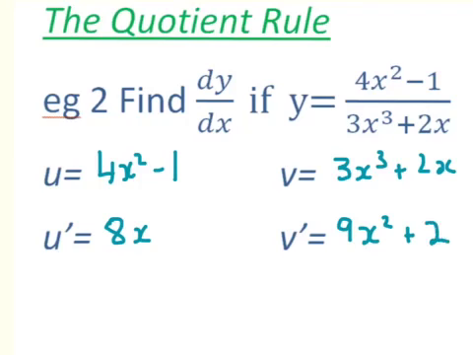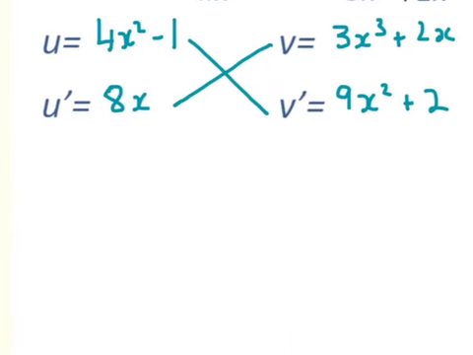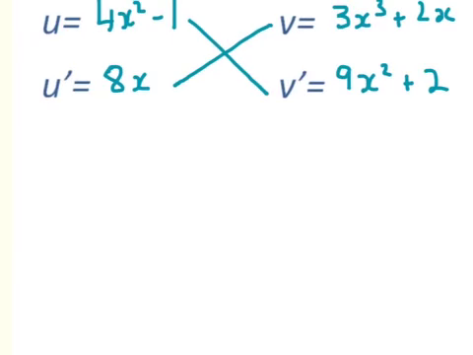Now remember what the template was suggesting. The derivative is vu dash, subtract uv dash. So it's that sort of cross multiplication that's going to go on. Okay, so let's move that up a bit and have a go at this. Therefore, dy dx will equal vu dash.